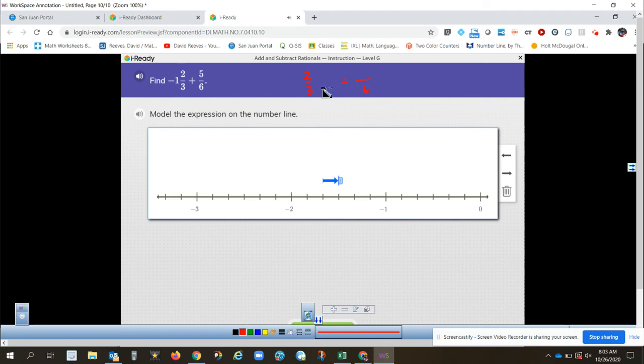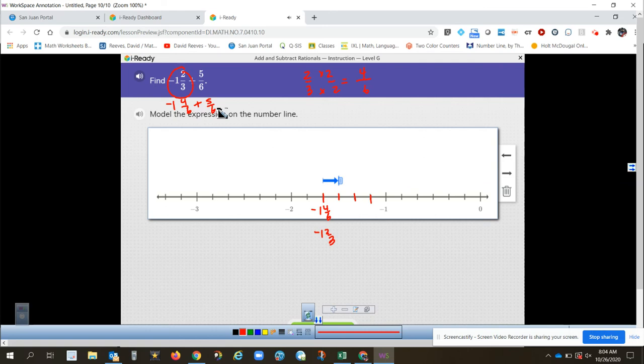For that common denominator of 6, we need to multiply the top and the bottom by 2, and we get 4/6. So right here is negative 1 and 4/6, which is the same as negative 1 and 2/3. So I took this number, I changed the denominator to 6, so negative 1 and 4/6 plus 5/6.